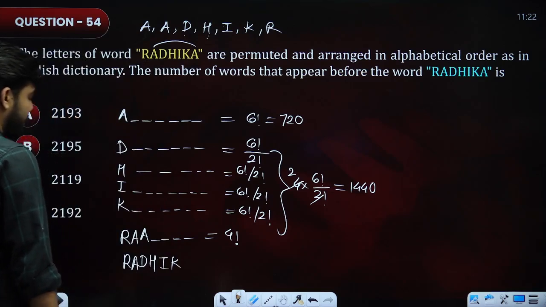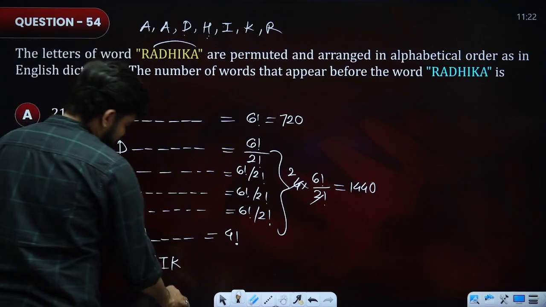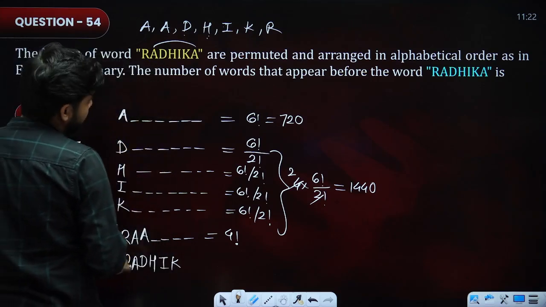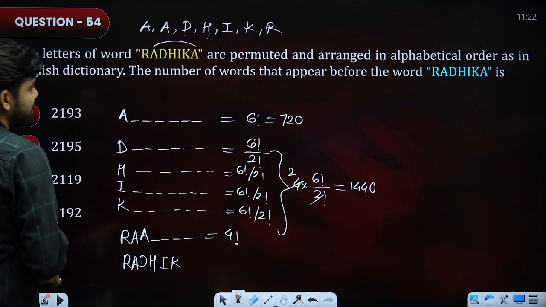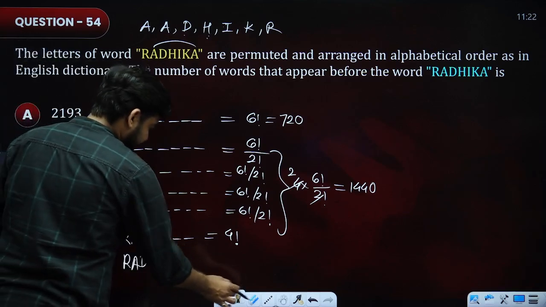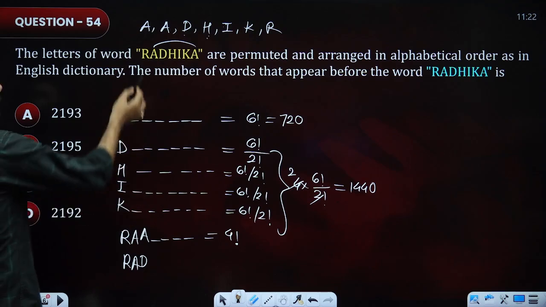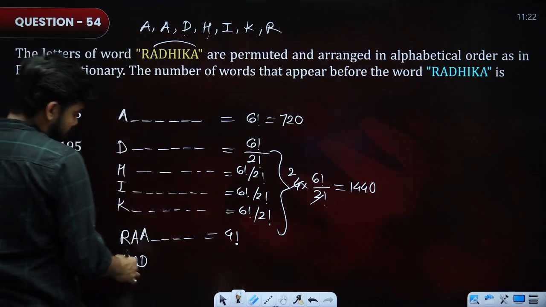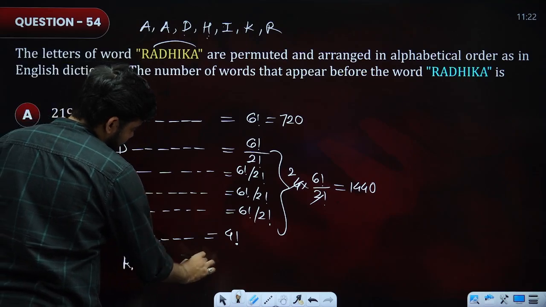Now we have two places. So here, to make it Radhika, no no no, I made a mistake over here. We forgot about A also, we have another A also. So in that case we have to take A over here. So we have 1, 2, 3 places.